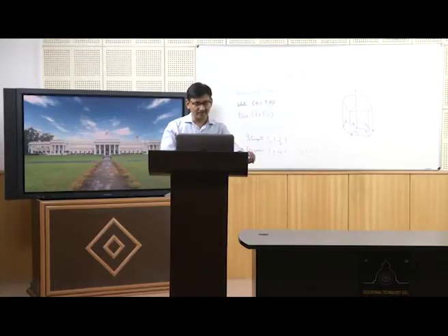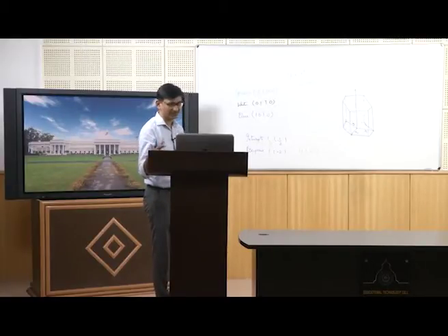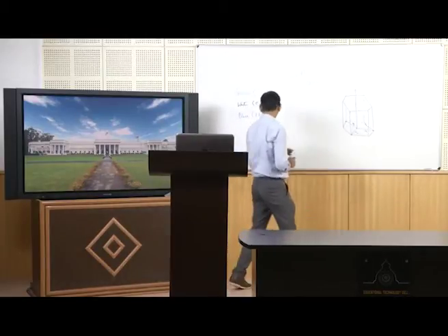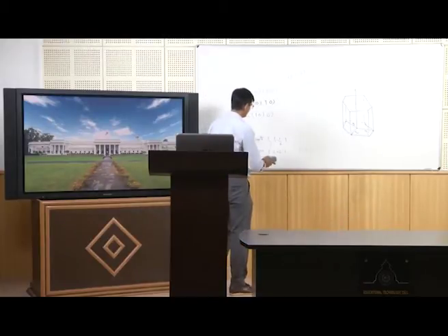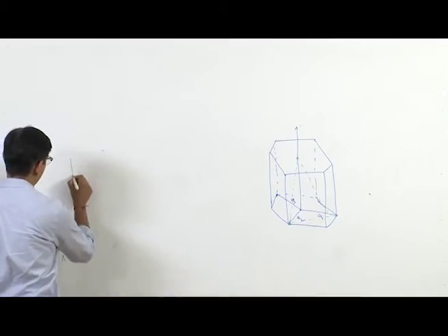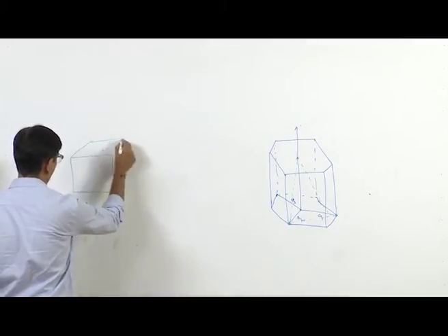The reason is that you have to see some funny things which are happening here. For example, if you just follow what we did when we were using the Miller indexing system. So, I am taking this cube again.